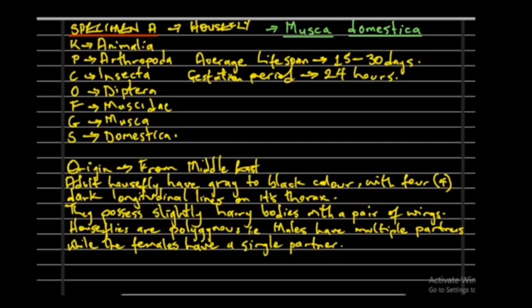The females lay eggs in 5 to 6 batches, with each of them laying approximately 75 to 150 eggs per batch.